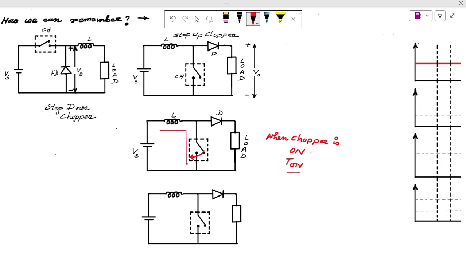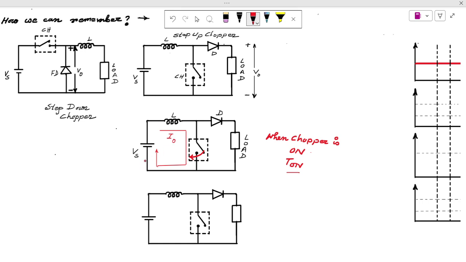So this will be the path of current. Let this current be I naught.